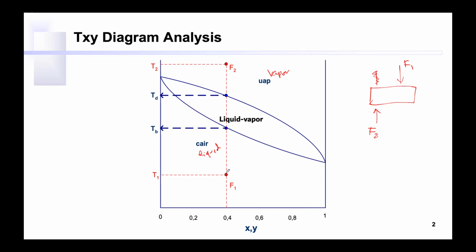So the feed 1 would be saturated liquid. And I also cool down F2, so it becomes this one here, which is saturated vapor. Just imagine that I have a saturated vapor, and also I have a saturated liquid.